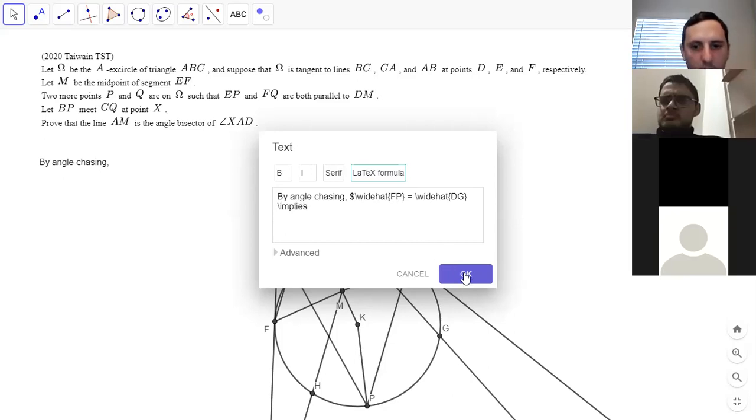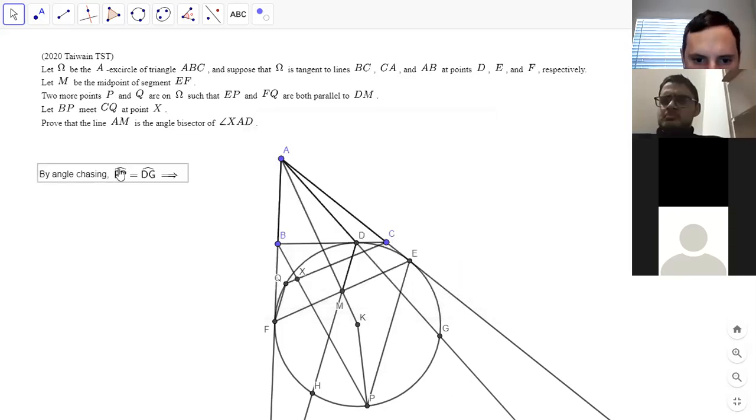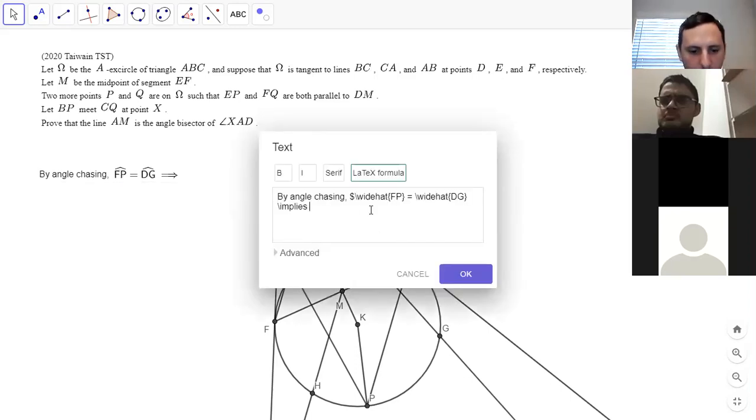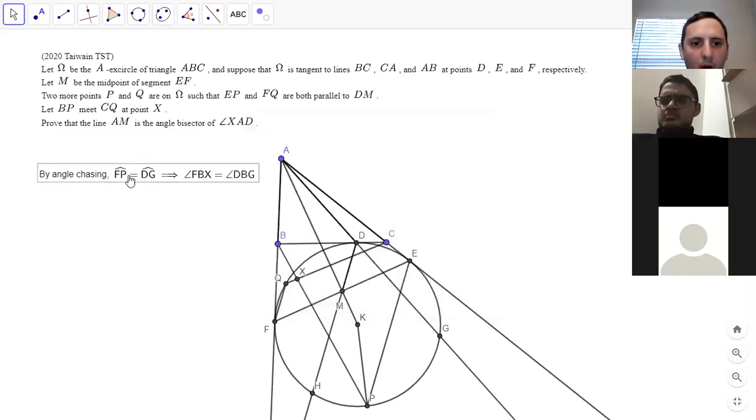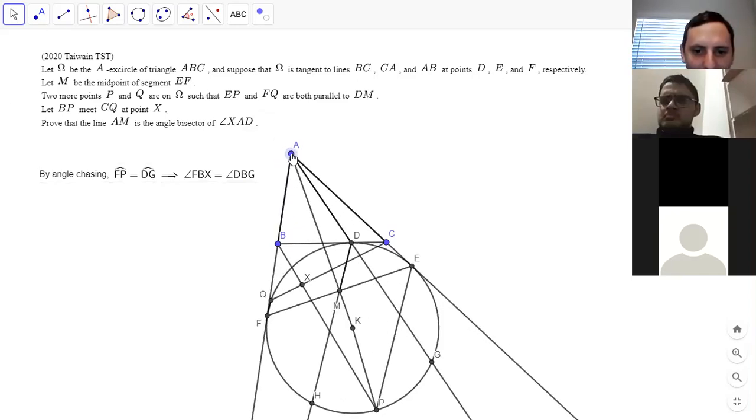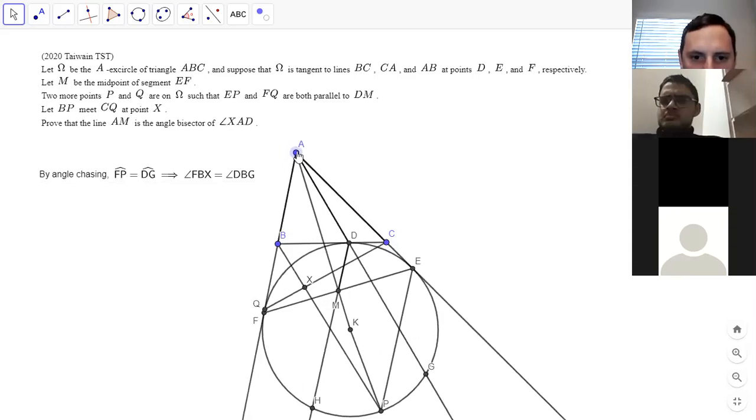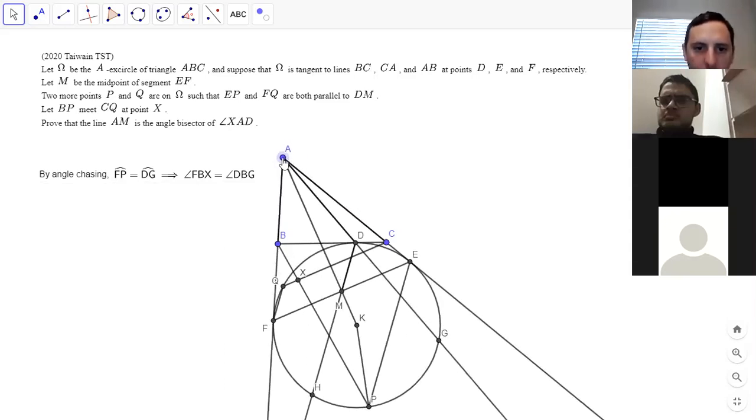And so that means angle FBX is equal to DBG. How is this true? I couldn't see. Oh, so these arcs being equal, or the angles? Arcs. I'm actually not sure. I kind of guessed, because we have so many parallels that I don't know for sure.